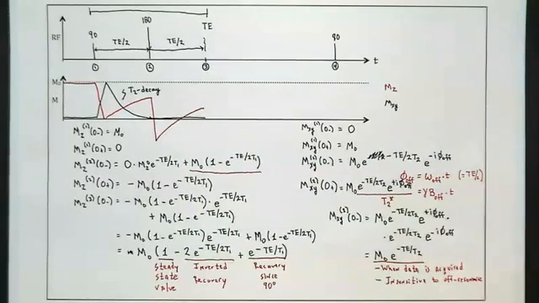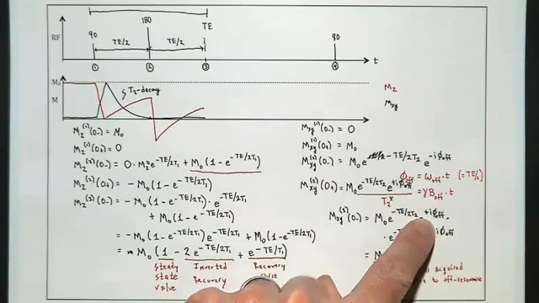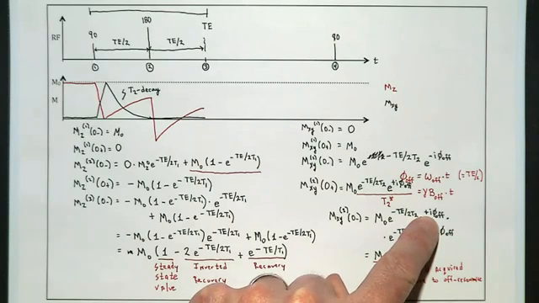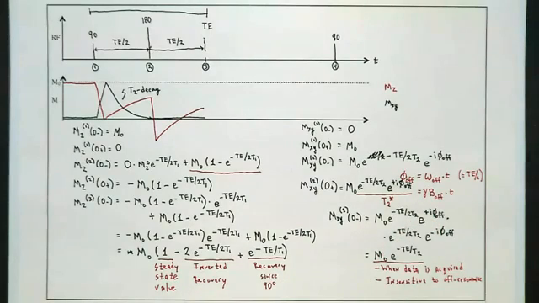And it didn't matter how much off-resonance I had in principle. This is just symbolically the off-resonance phase. It could have been 1,000,000 radians. It could have been a millionth of a radian. Under ideal circumstances, it'll be refocused by the refocusing pulse, which is to say that any spin with any amount of off-resonance will be refocused.